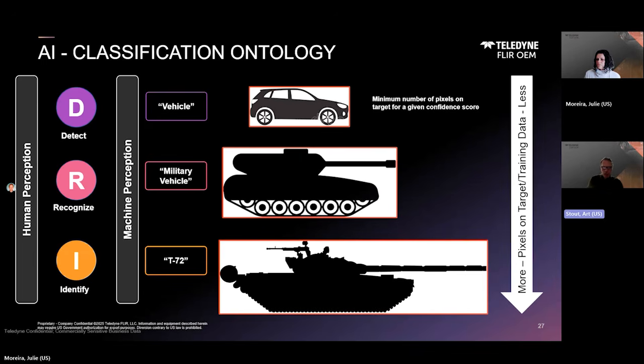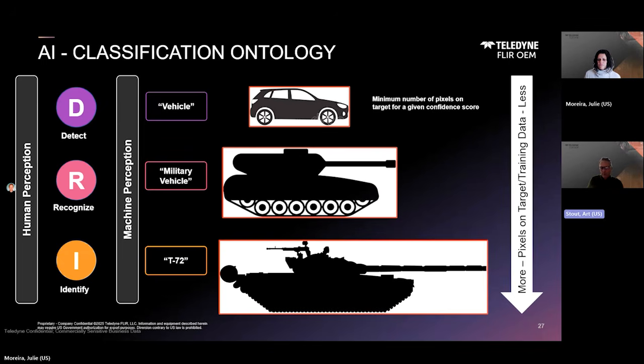And then as the target starts to get closer and you get more pixels on target, with proper training, meaning the generation of data, the labeling of that data, and then the model training, with that additional detail, you can start to get outputs about the specific class, so a military vehicle, civilian vehicle, that sort of thing.